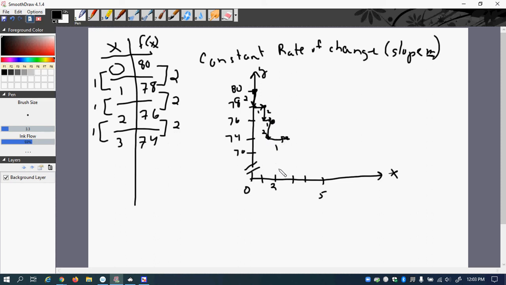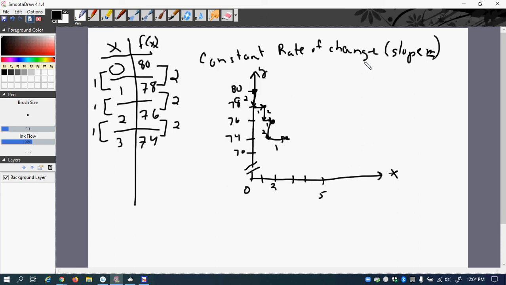So that's what's happening in the table. Again, we're seeing this same constant number each time: down 2, down 2, down 2, to the right 1, to the right 1, to the right 1. That relates back to the constant rate of change. This is the graphical representation.